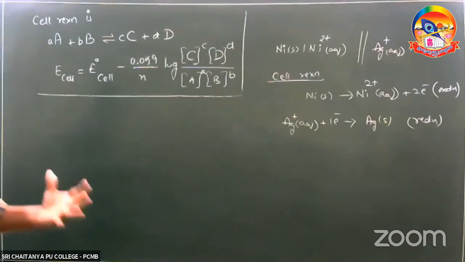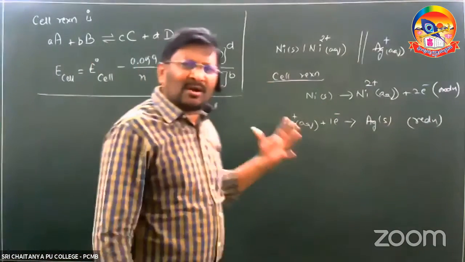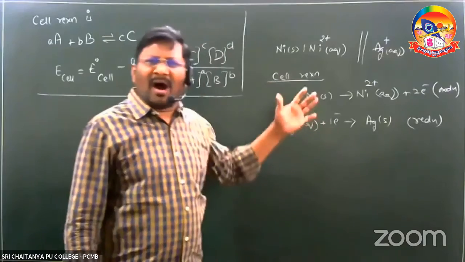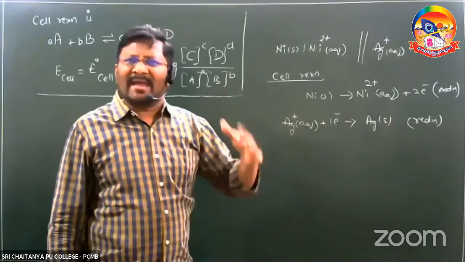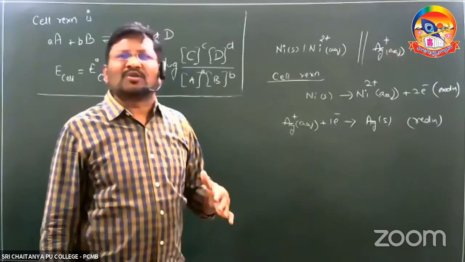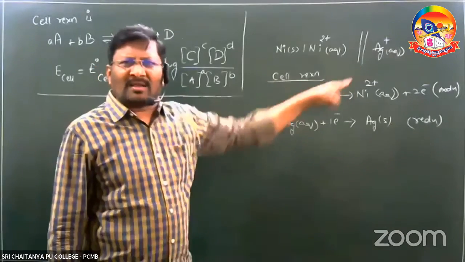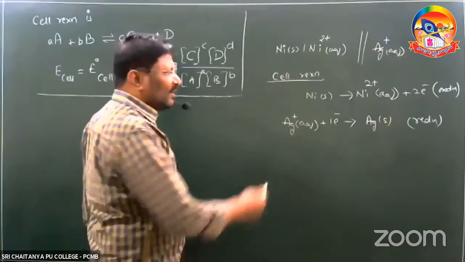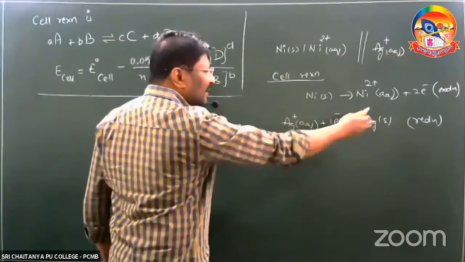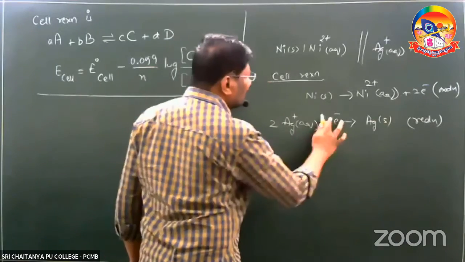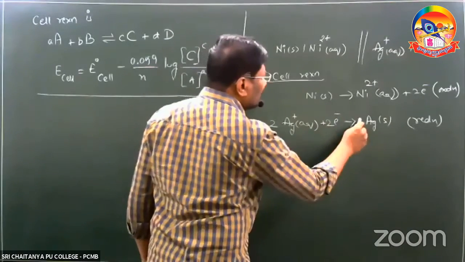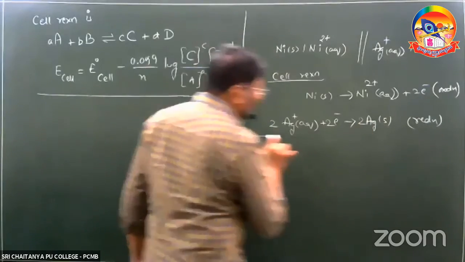However many electrons are lost in the oxidation, exactly those many must be gained in the reduction. Therefore, there 2 electrons, here only 1. So you do one thing. Multiply this equation completely by 2. So 2Ag plus plus 2 electrons gives 2Ag. Now add both of them.